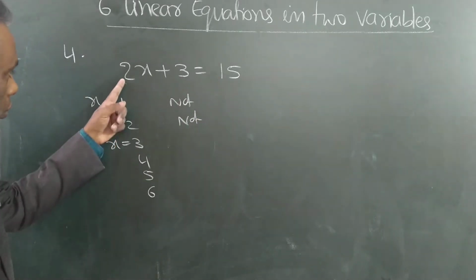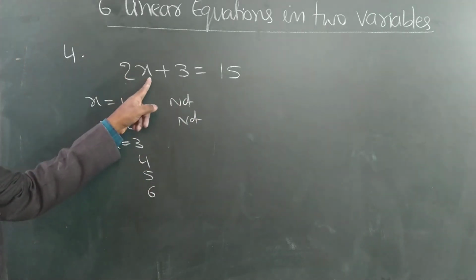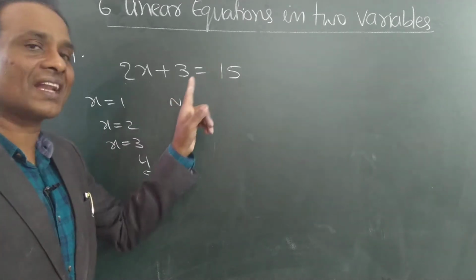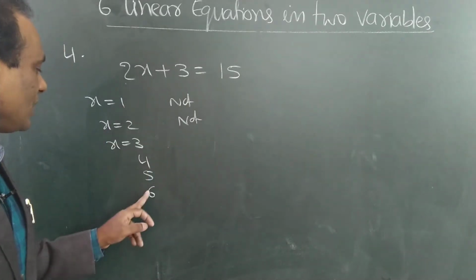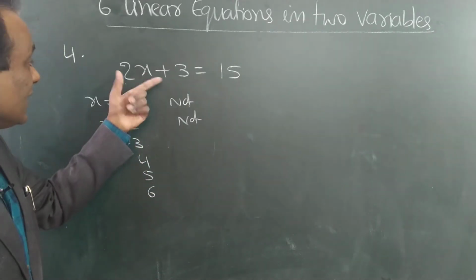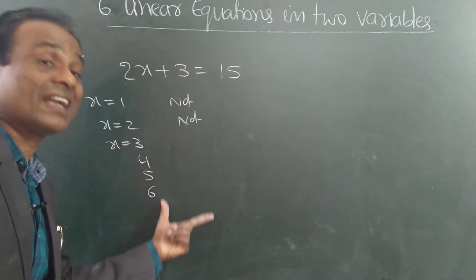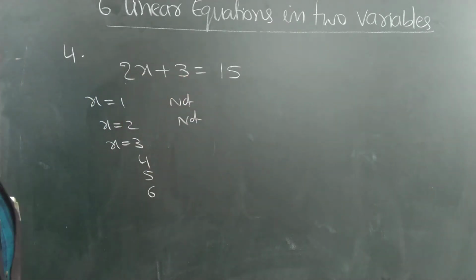X is equal to 6, 2 sixes are 12, 12 plus 3 is 15, we are getting 15. So what is x value here? 6. That process of finding x value is called solving the equation.